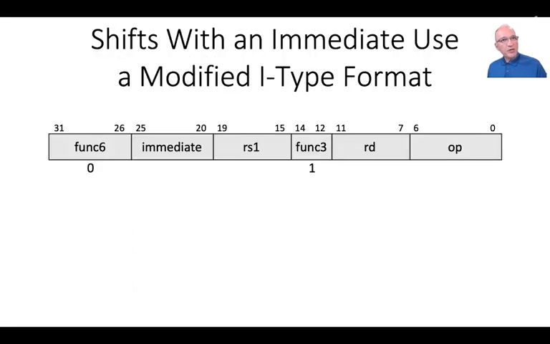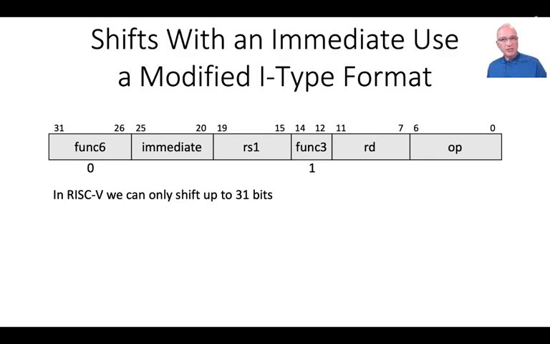The shift operation with an immediate uses a modified I-type format. So usually the I-type format will have the immediate in the bits 20 to 31. Because you can only meaningfully shift up to 31 bits, you don't need all those 12 bits to specify the value of the immediate.